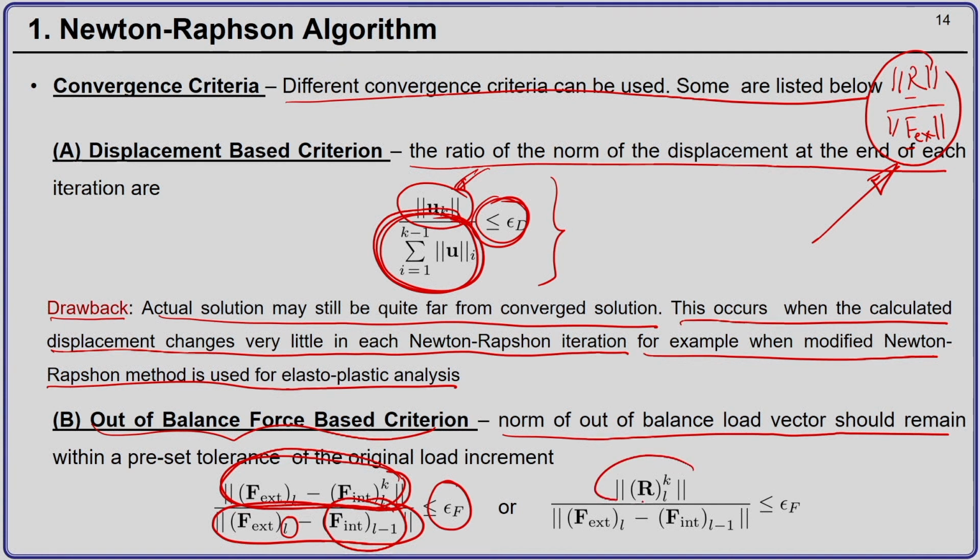Okay. So, in short, this is the norm of the residual evaluated at Newton-Raphson step k for load step L, and normalized by the norm of the difference of the external and internal forces at load step L and L minus 1. Okay.